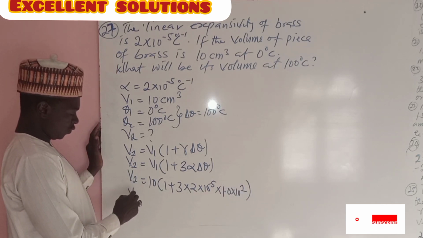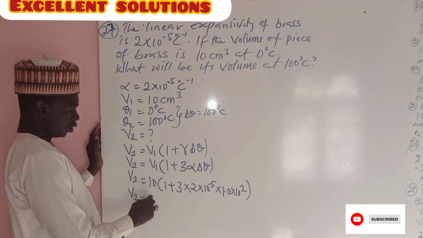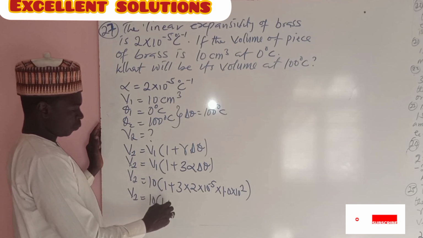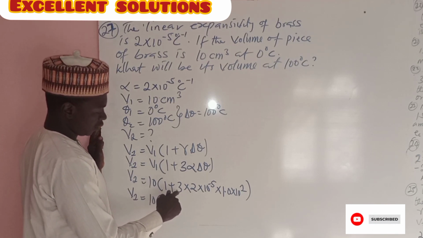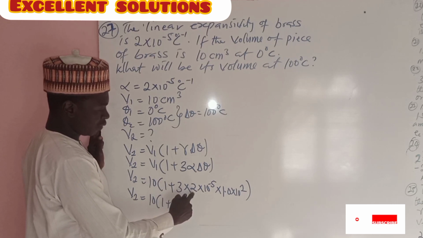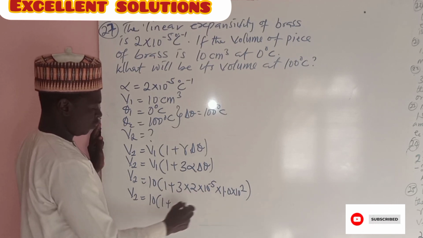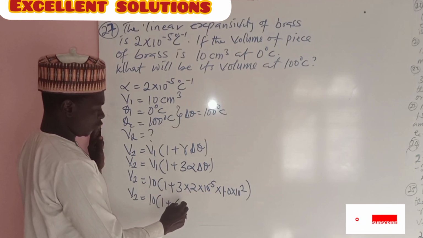So this gives us V2 equals 10 bracket open 1 plus 3 times 2 we have 6, 6 times 1 we have 6.